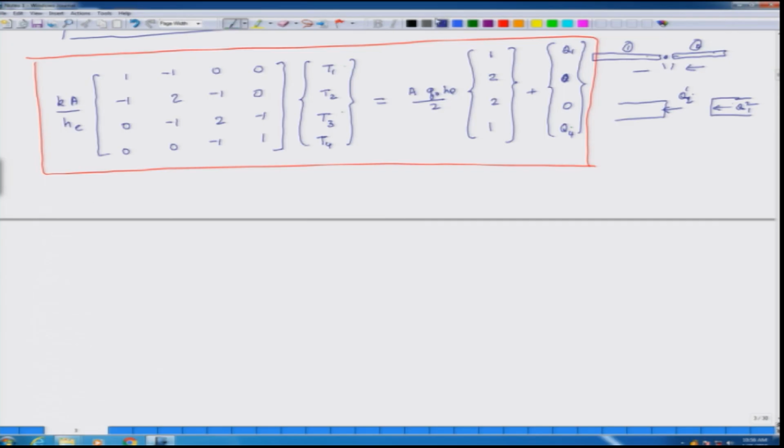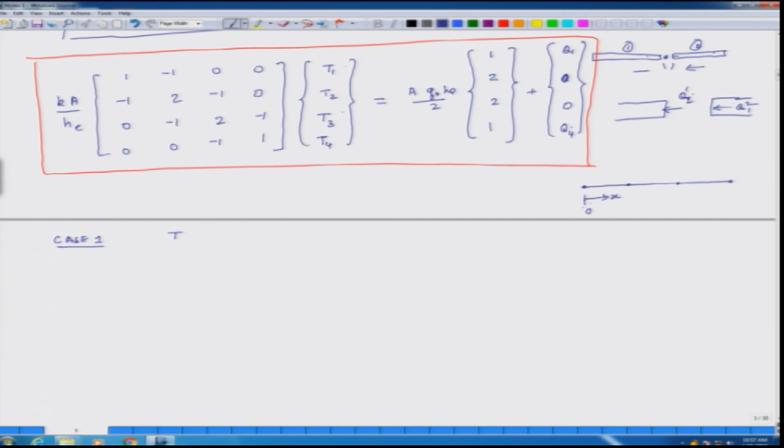So, we will solve this equation for 2 different sets of boundary conditions. In case 1, this is my overall bar which I have broken into 3 elements, right, and here this is my global degree of freedom. The coordinate is x.